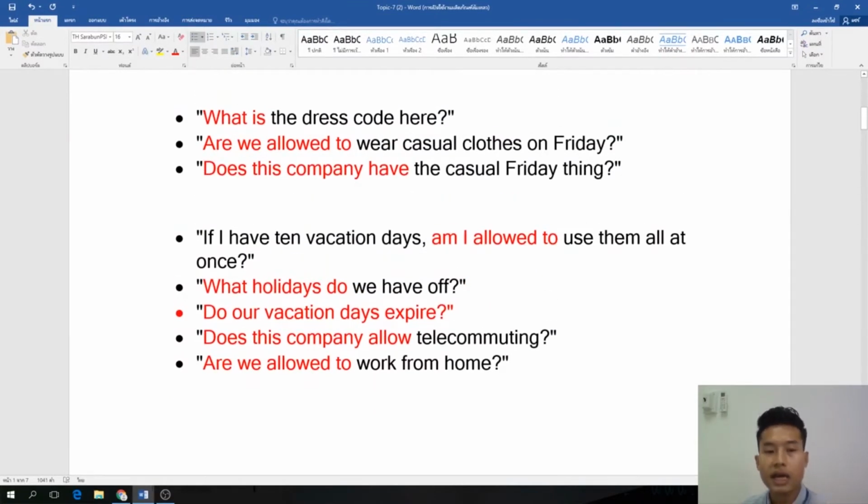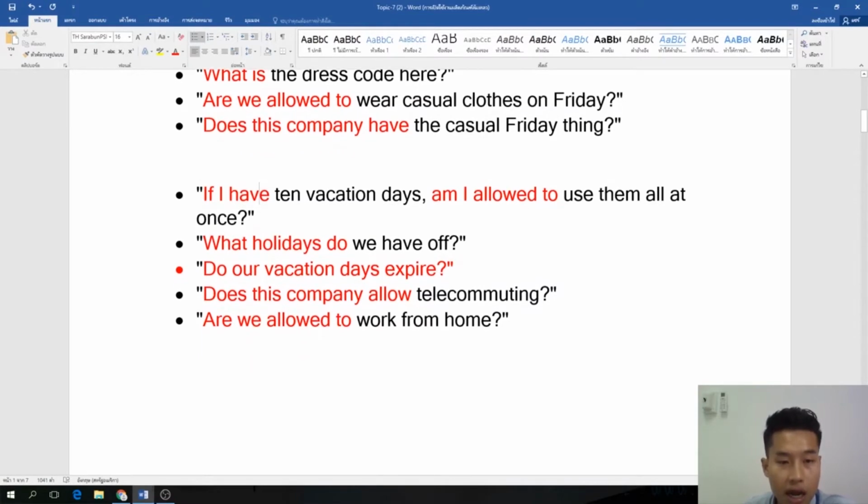How about here? If I have 10 vacation days, am I allowed to? When we talk about policy and regulation, what holiday do we have?